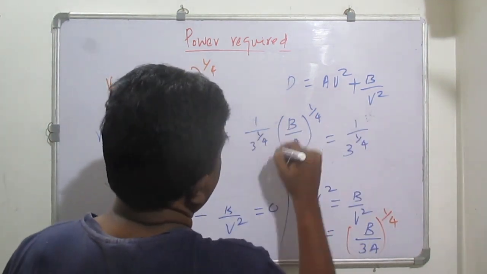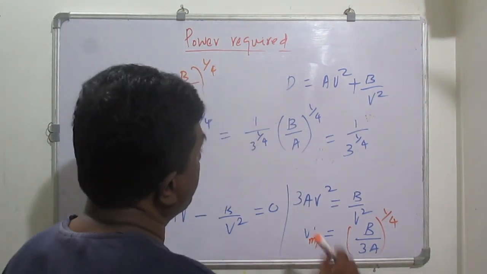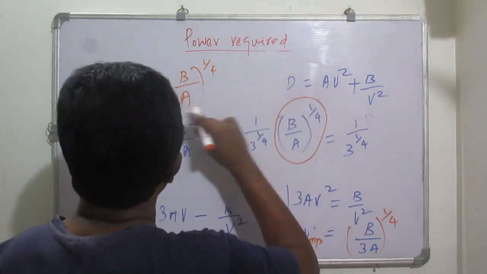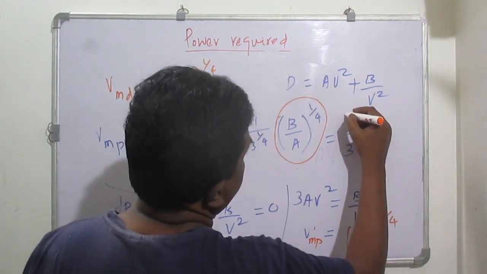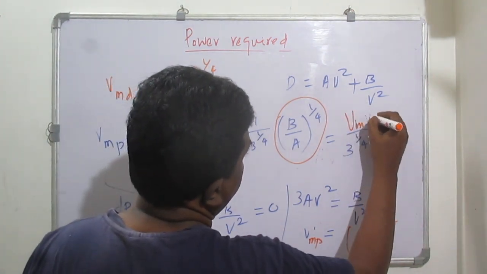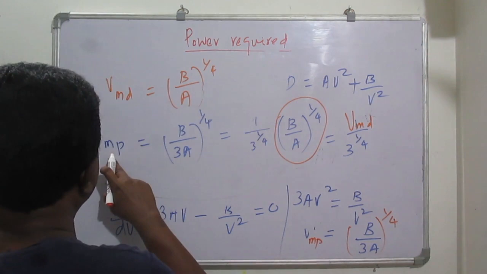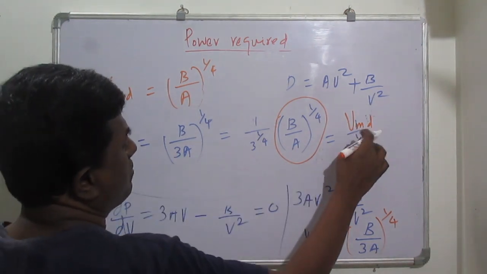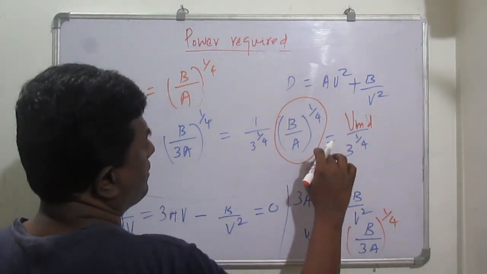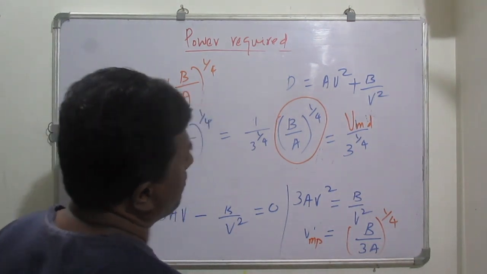This term we are taking as this one, so it can be replaced by velocity at minimum drag. So velocity at minimum power is equal to velocity at minimum drag divided by 3 power 1 by 4.